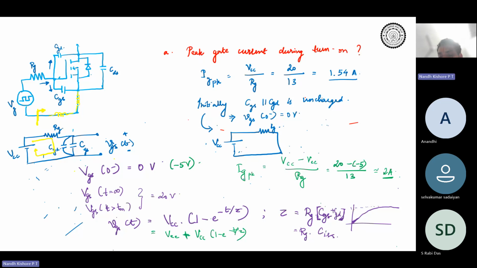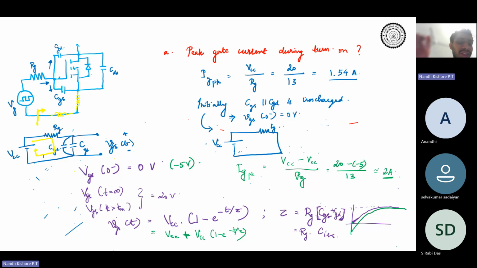Is this fine with you guys? So this graph, instead of starting from 0, would start from minus 5 and then slowly go to this. Do you understand this? Yes, sir.